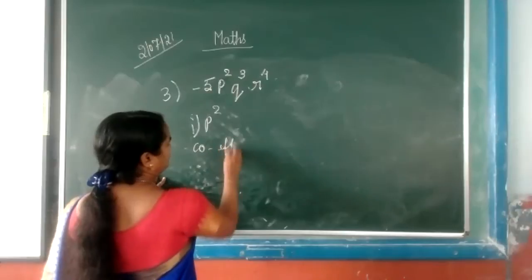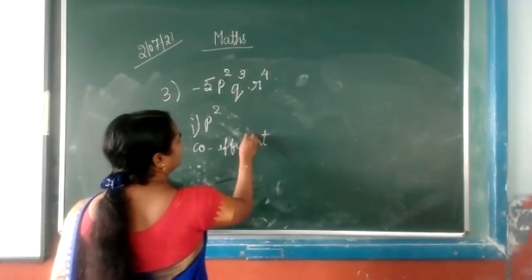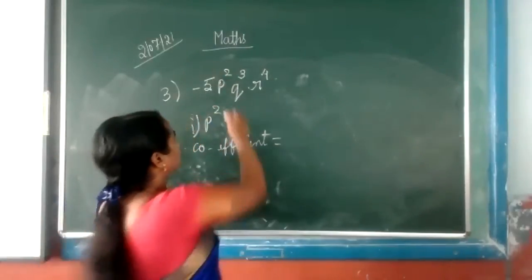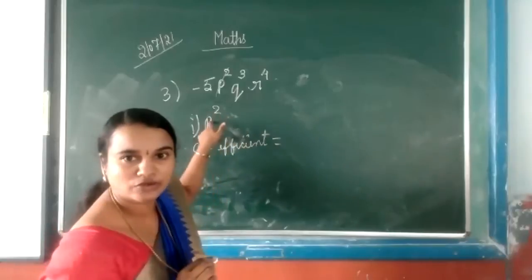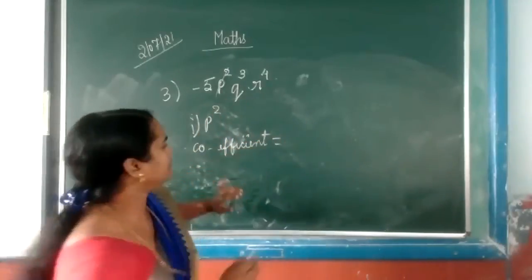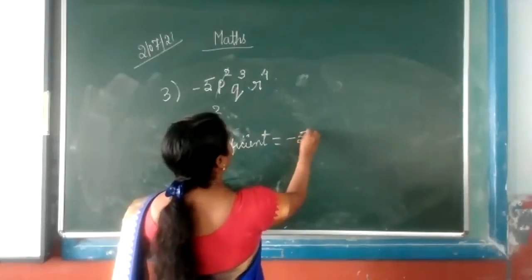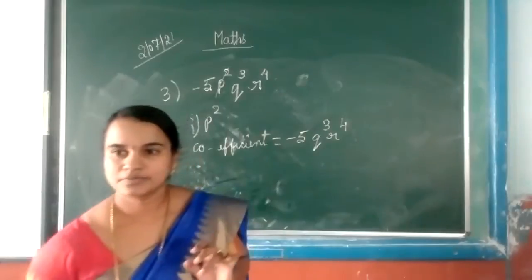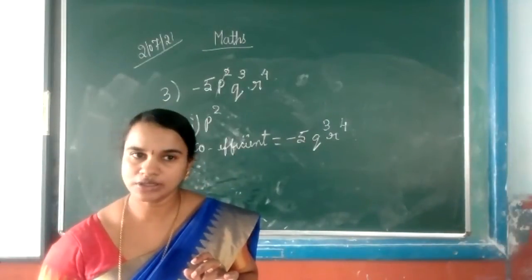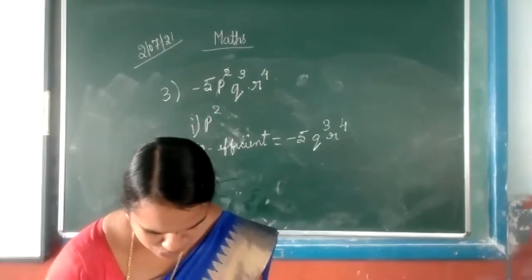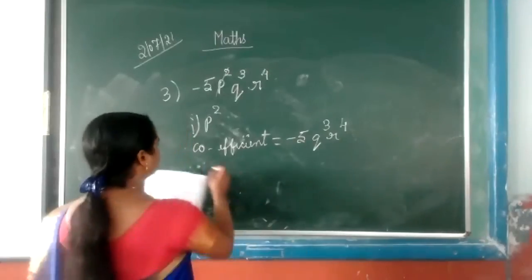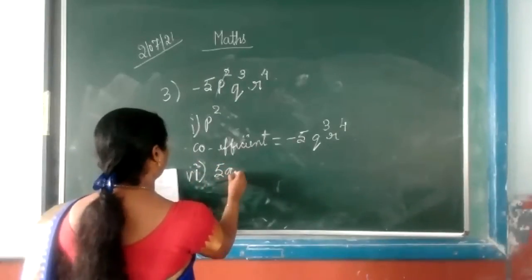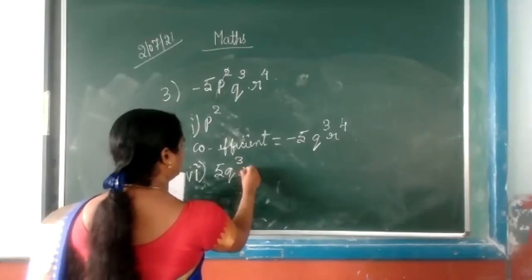How will we get the coefficient? Only p square we don't need to write, because it is given in the question. Remaining everything we have to write. That means minus 5 q r to the power 4. Clear? Understood? One more question I will solve. That is third, sixth one: 5 q to the power 3 and r.